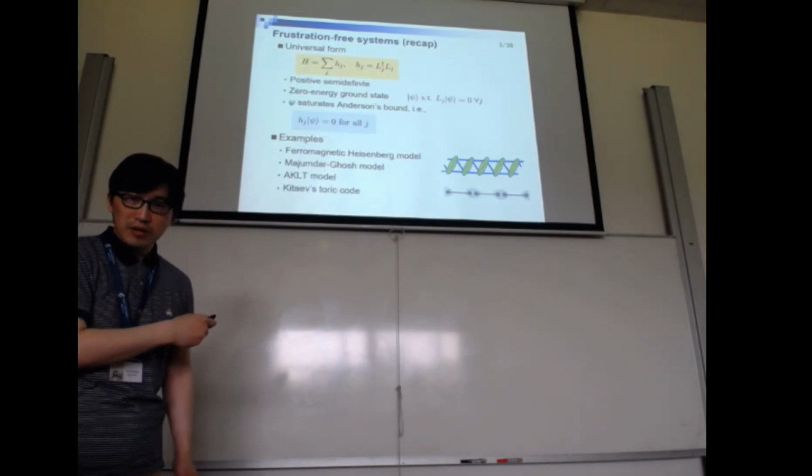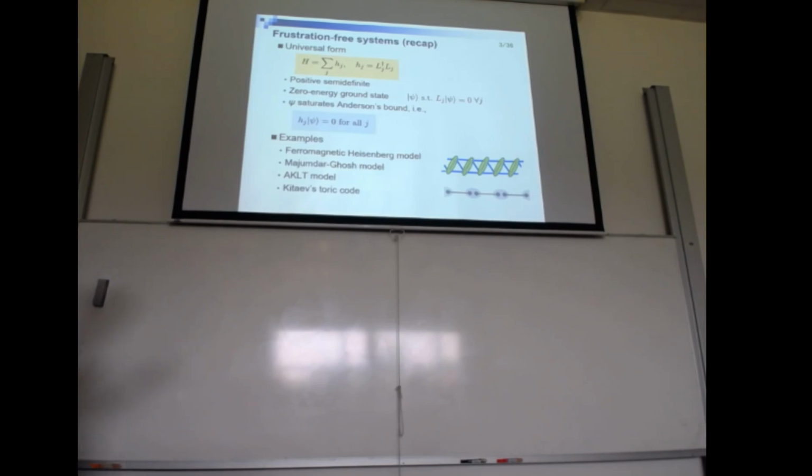All right. So this is the recap of frustration-free systems, which I was discussing in the past 2 days. Here is a universal form of the Hamiltonian, which is the sum of little h_j, each written as L dagger L. Because of this form, this is a positive semi-definite operator, meaning that any eigenvalue of H is non-negative. And if you find a zero energy state for this Hamiltonian, it should be a ground state because it's positive semi-definite.